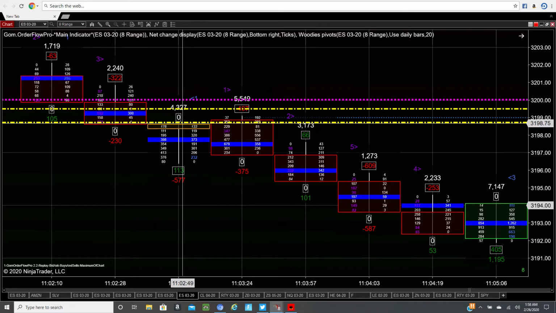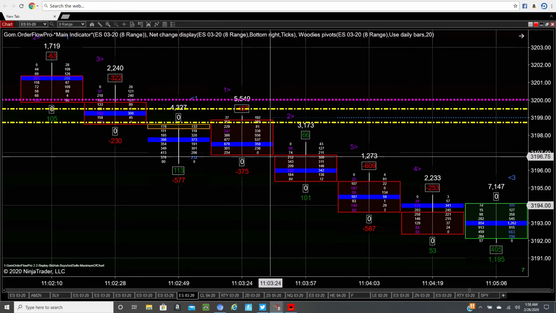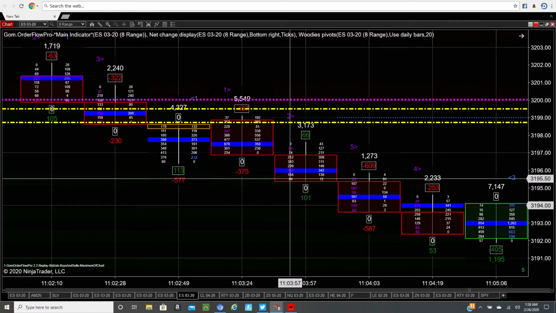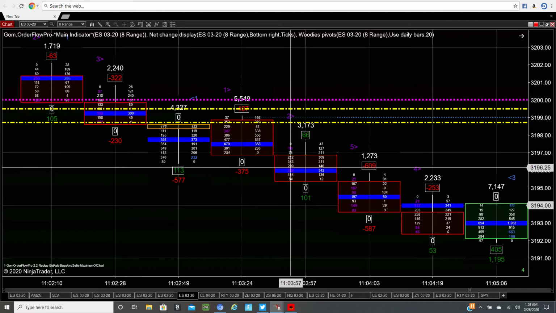But really, all I want you to get out of this is the imbalances, how they occur, why they occur, and the position of where they are, which is the most important part. Okay, so we covered the 2-2. Later on, I'll cover a 21, and after that, I'll cover an 11.